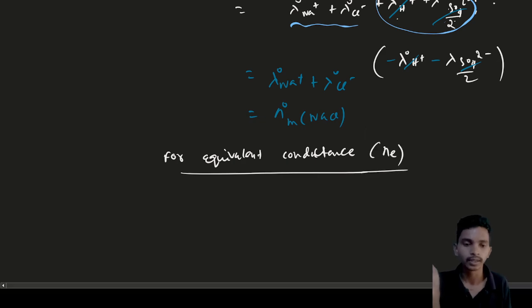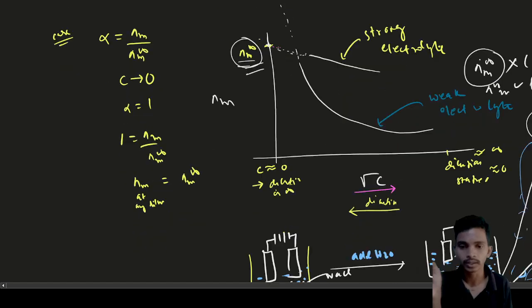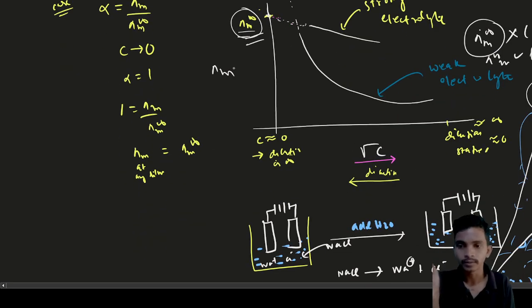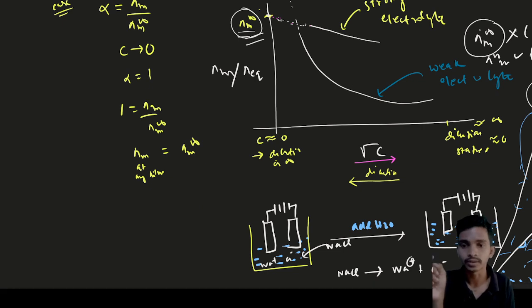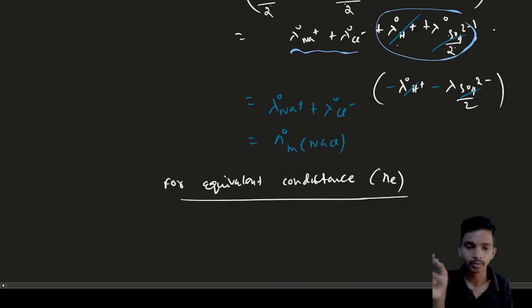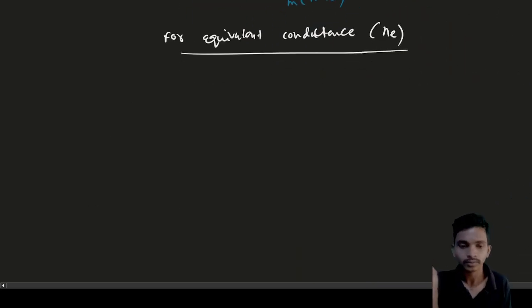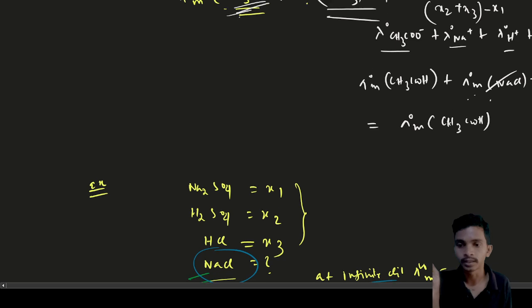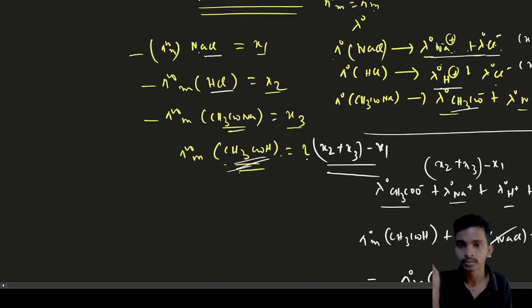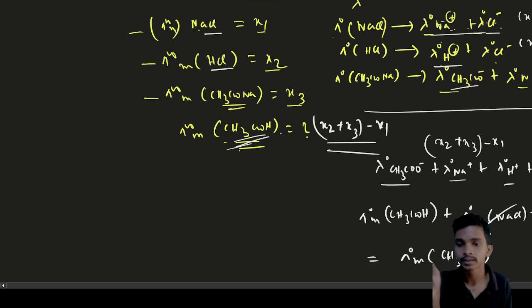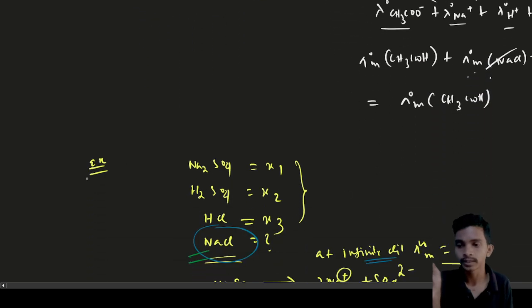Either you are doing the molar conductance or equivalent conductance, here also on dilution it tends to infinity. So for molar conductance and equivalent conductance, the same will come. So for equivalent conductance also, the same example we will take. So I will take this example.